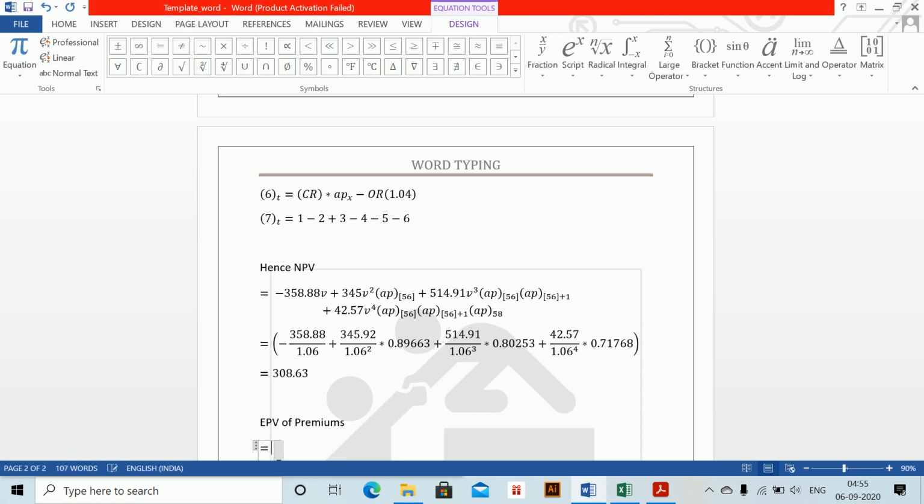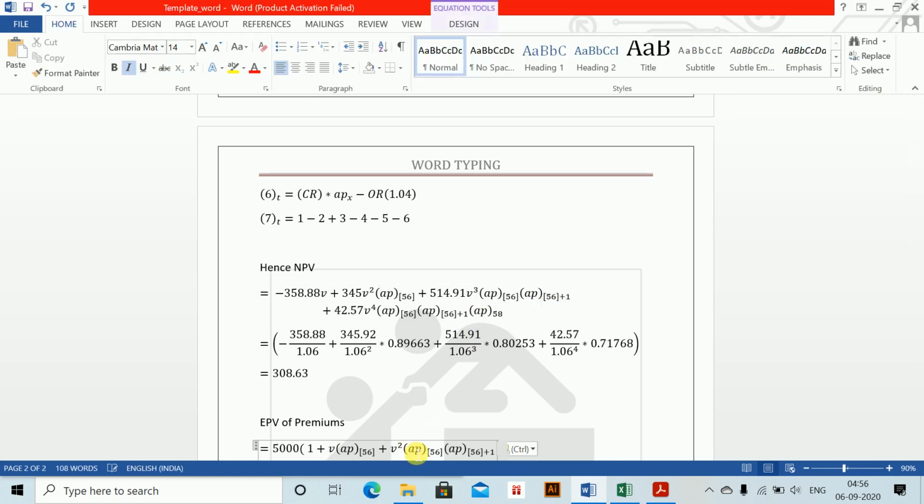Okay, and therefore next is EPV of premiums. So EPV of premiums is 5,000 into 1 plus V AP_56 plus V square AP_56 into AP_56+1, and plus V to the power 3 AP_56 into AP.